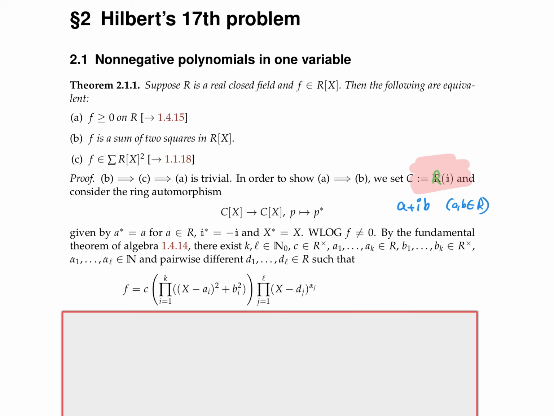And for the linear ones, I assume that the d_j are pairwise different, right? So I can assume this if I introduce some exponents alpha_j, some positive integers, to compensate for the multiplicities. Yes, and otherwise, the a_i and b_i might appear several times. Here I don't have exponents.